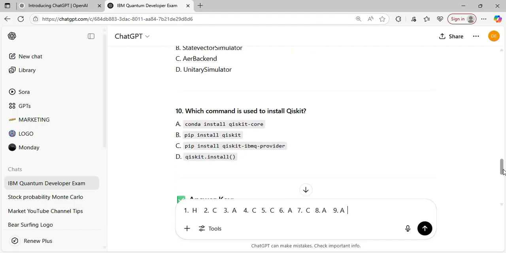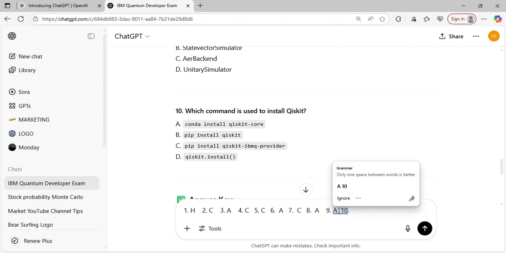Number 10: which command is used to install Qiskit?